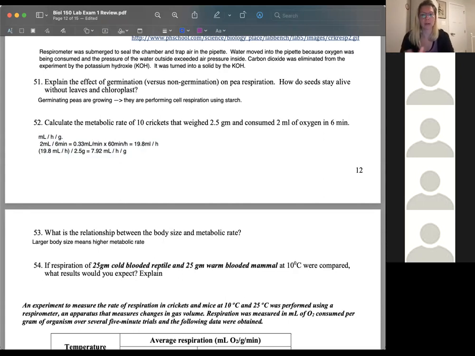Do we agree with that? So if we look at our example up here, if our body mass here is 2.5 grams, we get 8. But what if our body mass was 250 grams? What would happen to the metabolic rate then?